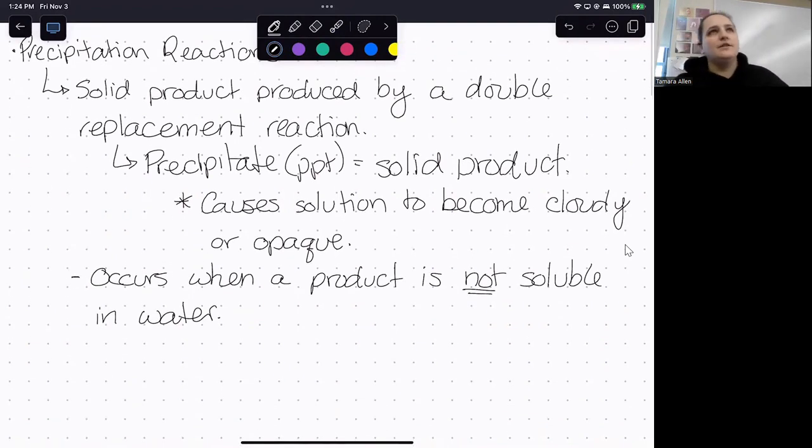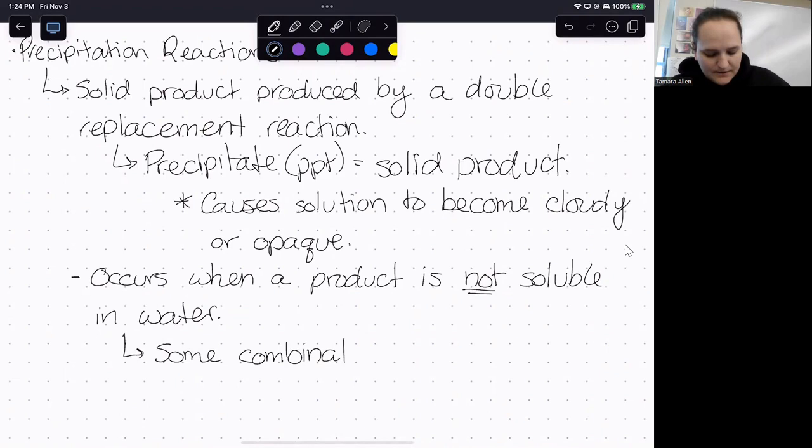There are some ways that we can predict whether or not a substance is going to be soluble in water. We're going to learn a few very basic guidelines in this video. But the general gist is that some combinations of cations and anions are soluble in water, while others are not.